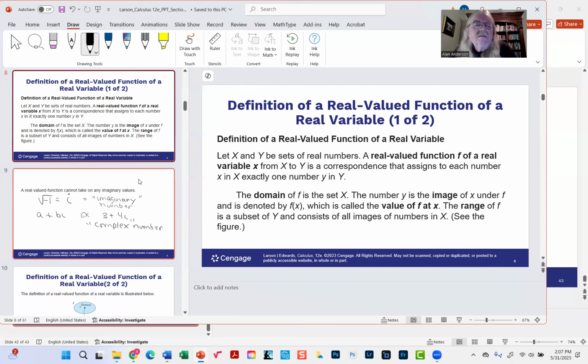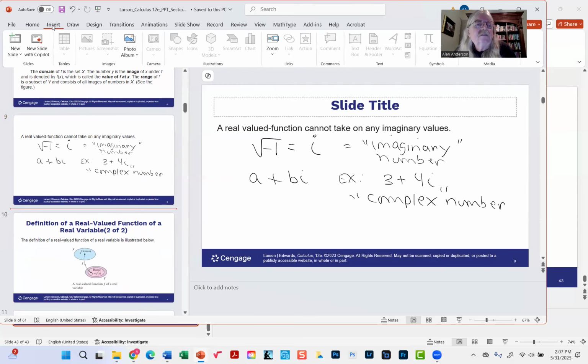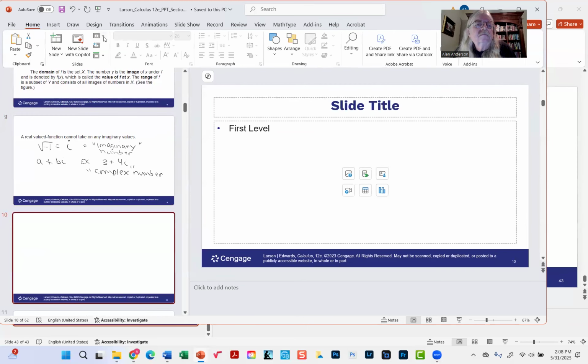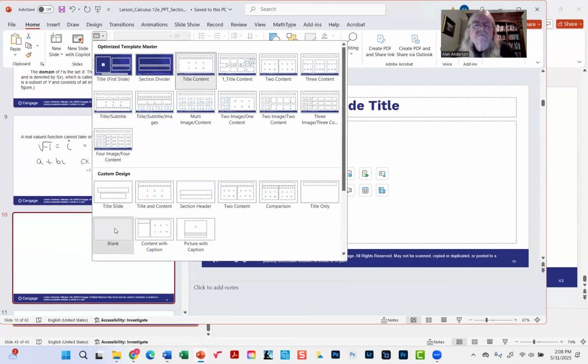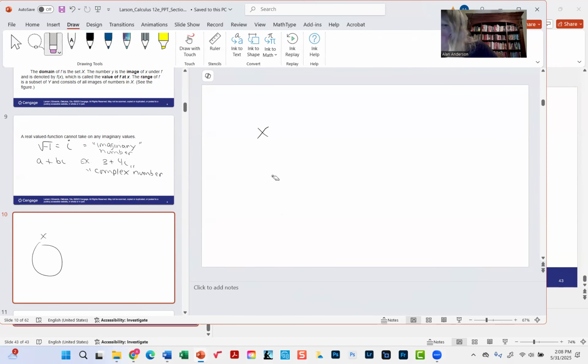Okay, so the domain, going back to those graphs I showed you earlier, the circle on the left, which is intended to show the values that x can assume.